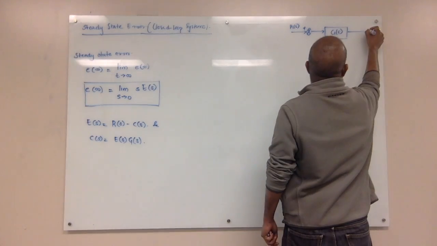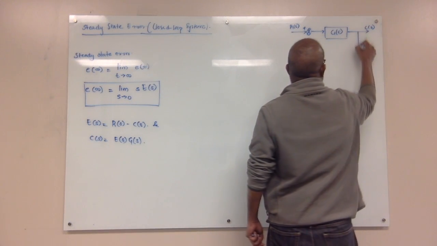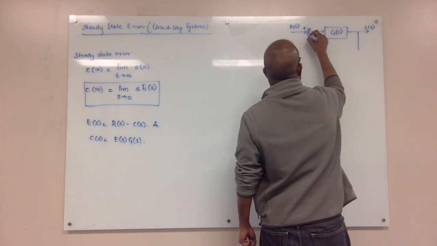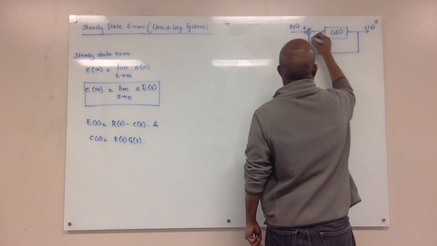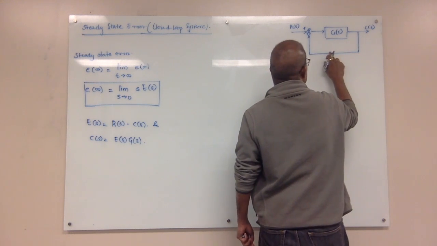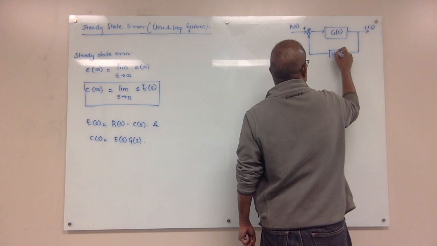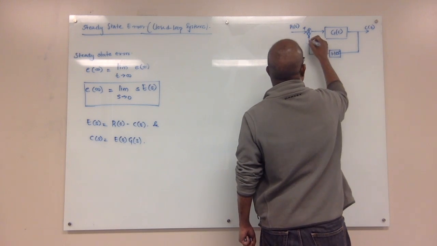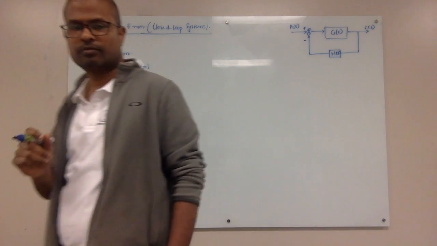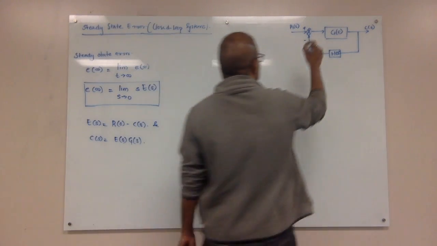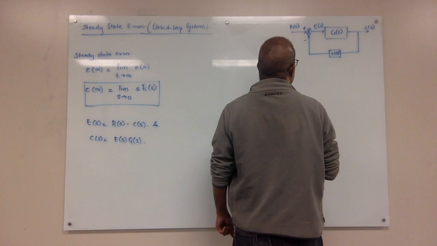This is C of S. And you have H of S. E of S is the difference between the signals.